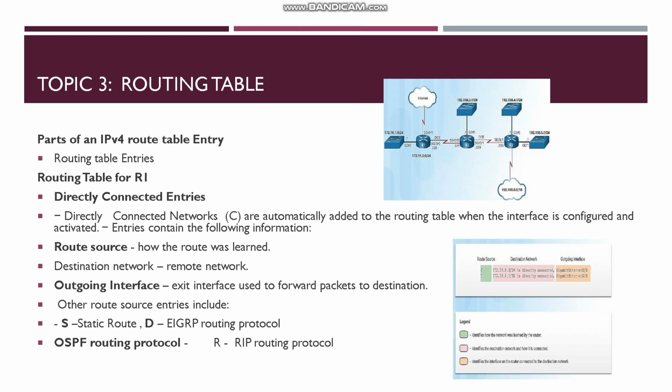Meron din naman tayong ibang route source entries sa ating routing table. Included dun yung static route or the S symbol, and the D symbol is the EIGRP routing protocol, and sunod naman yung OSPF routing protocol and the R or the RIP routing protocol.